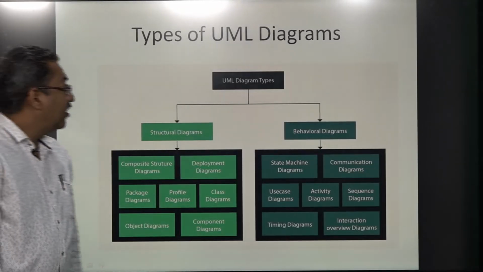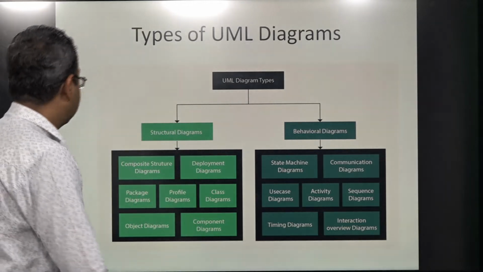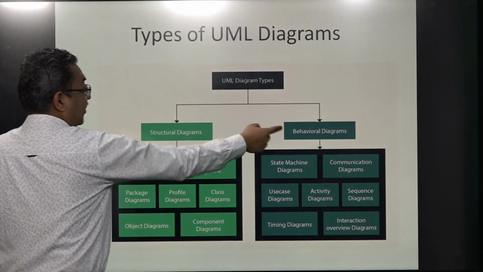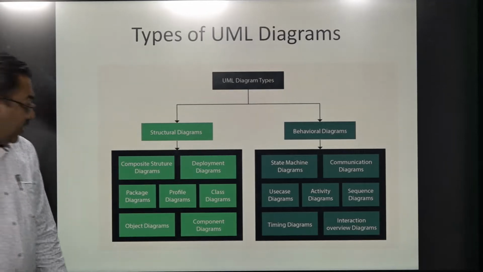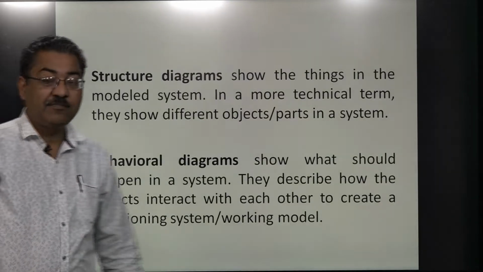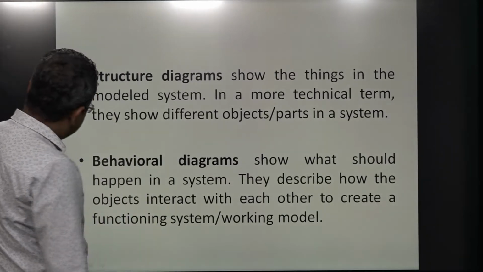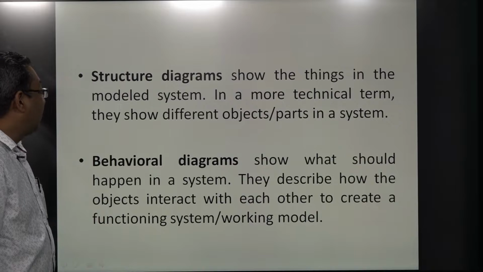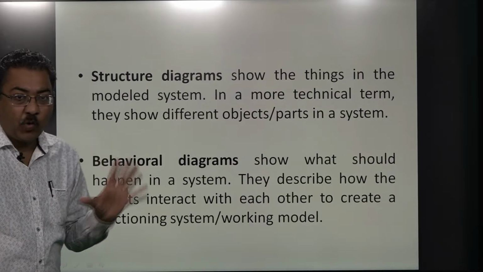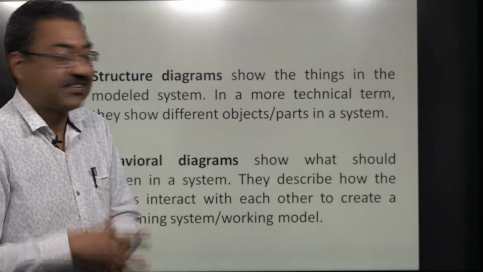We divide UML diagrams into two broader categories. One is structural, another is behavioral. Whenever we go for the structural, what does it mean? A structural diagram shows the things in the modeled system. What do you mean by things? Things are static, fixed.